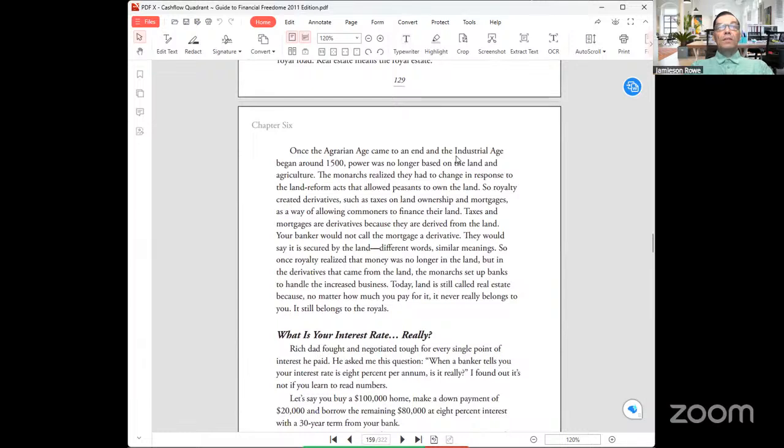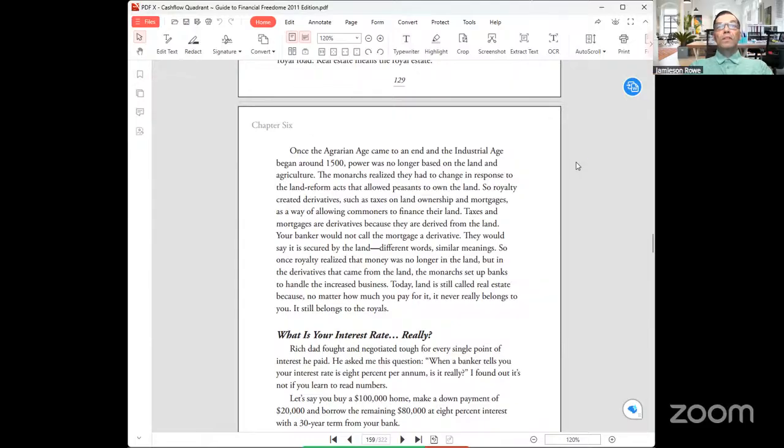Once the agrarian age came to an end and the industrial age began around 1500, power was no longer based on the land and agriculture. The monarchs realized they had to change in response to the land reform acts that allowed peasants to own the land.